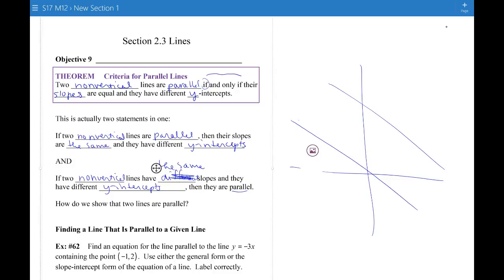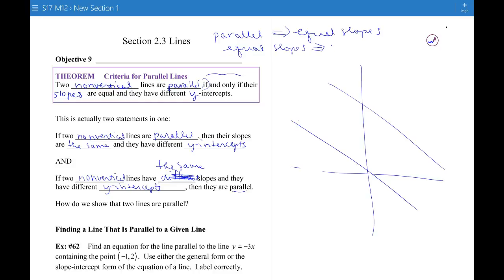So do you see that it's saying parallel implies equal slopes, and equal slopes implies parallel. So either one gives us the other.